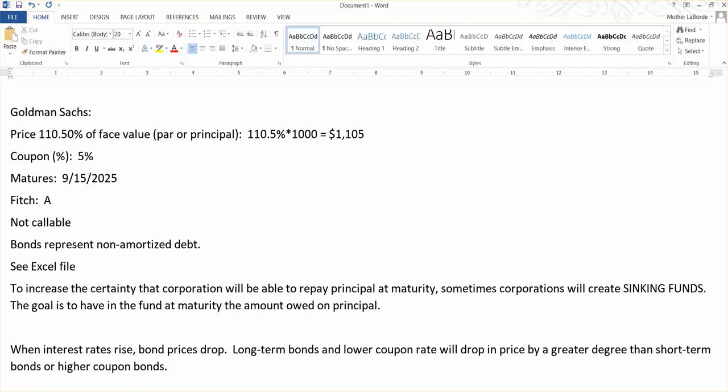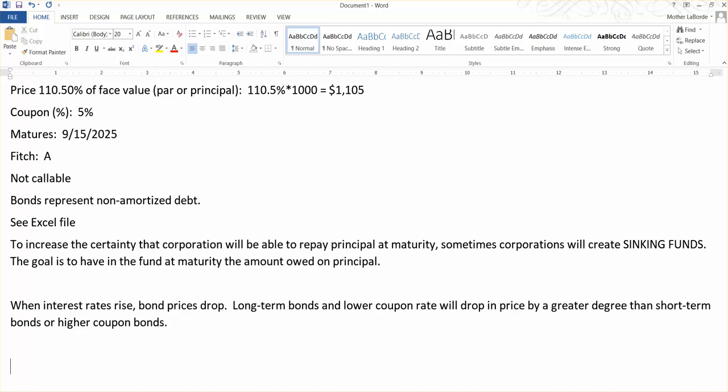So different mutual funds have different types of portfolios. Some mutual funds have a collection of long-term bonds. Some mutual funds have a collection of short-term bonds, or high coupon rates or low coupon rates, just a different mix of bonds. And when interest rates are changing, these bond portfolios are going to be fluctuating in price by varying degrees.